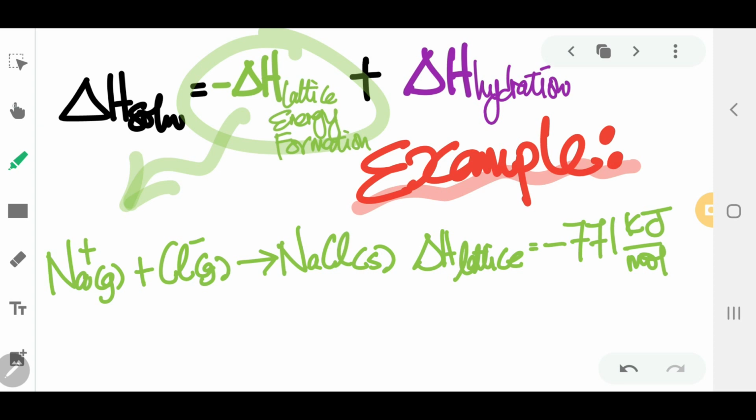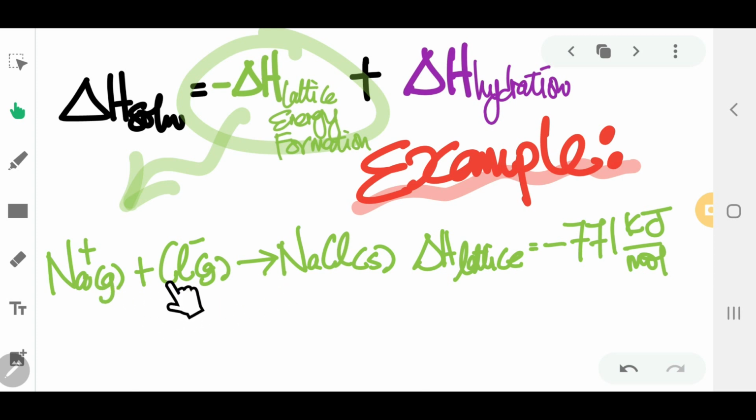Examples, we're just going to take the same example for sodium chloride. The process will be the opposite. So instead of having NaCl solid broken off into Na+ and Cl-, over here you want to form the ionic bond again. So this is the lattice energy of formation.